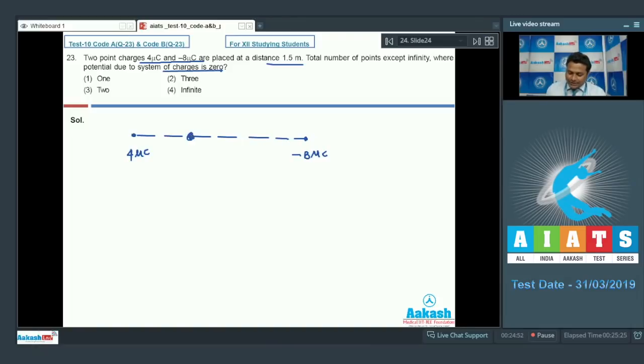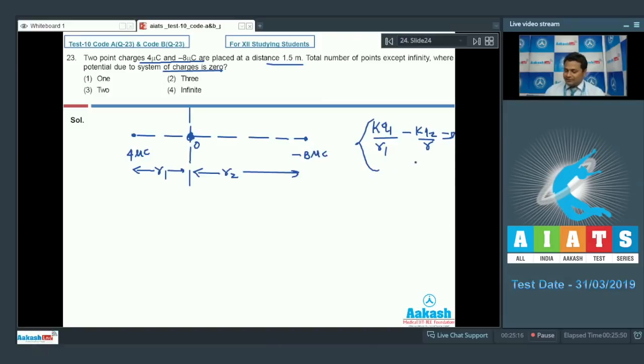Suppose at this point the potential is 0. It means, suppose the distances are r1 and r2 respectively, k q1 by r1 minus k q2 by r2 will be 0. This is the expression for total potential.